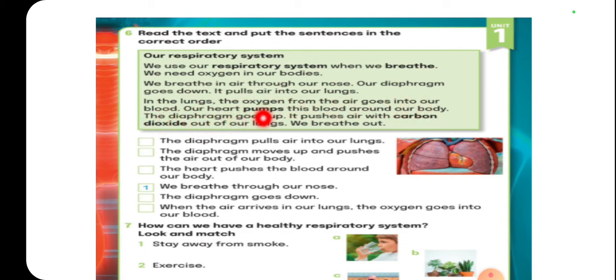Our heart pumps this blood around our body. The diaphragm goes up. It pushes air with carbon dioxide out of our lungs. We breathe out. So after reading this text, you have to put these sentences in order. Let's answer them together.